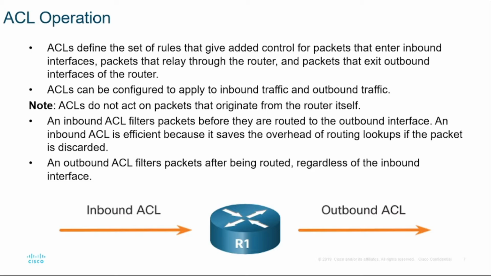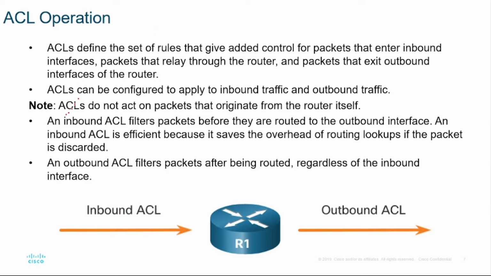Now, what is the operation of an ACL? ACL defines the set of rules that give added control for packets that enter the inbound interface, packets that relay through the router, and packets that exit the outbound interface of the router. So ACL can be configured to apply to inbound traffic and outbound traffic.